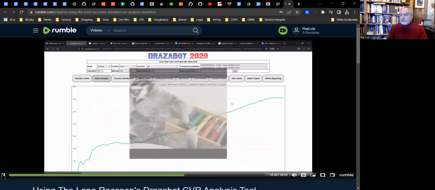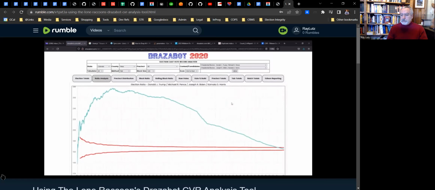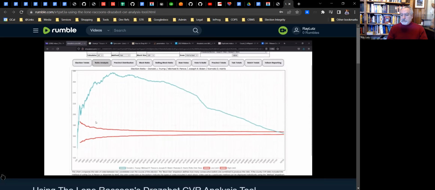This time, let's look at the election from the end to the beginning. Evidence shows that in counties showing this pattern, the votes at the end likely provide the best representation of the actual will of the voters. Looking at it this way shows Trump with a huge lead that appears to be stabilizing around 270 until the effect of the manipulation causes the ratio to plummet over 100 ratio points.